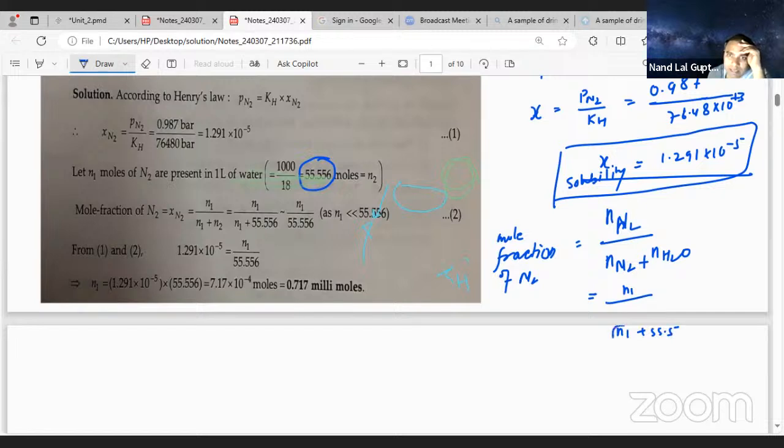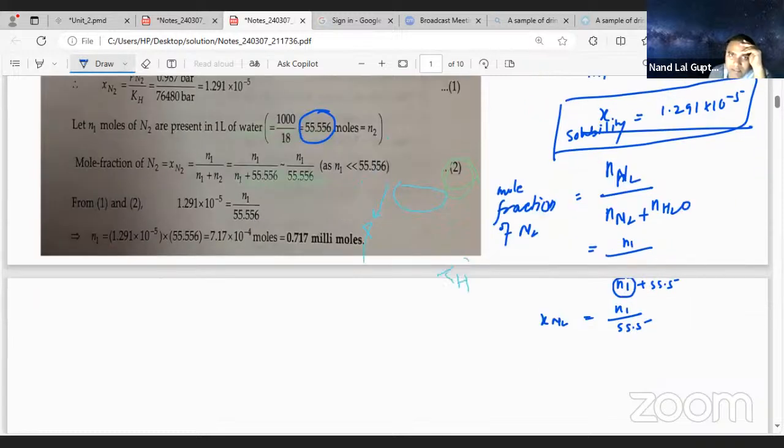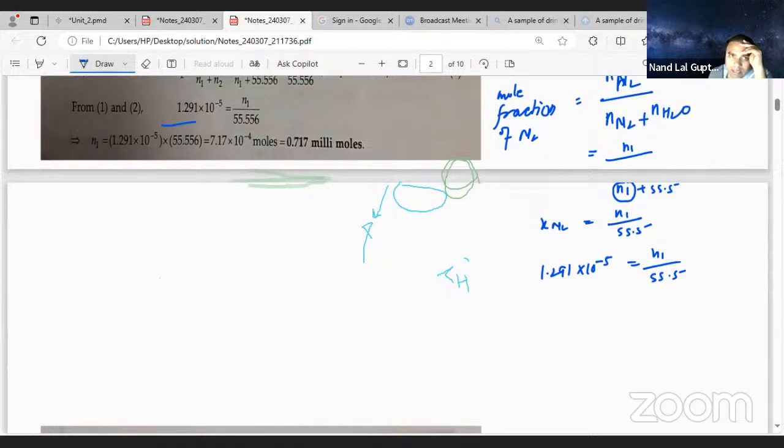In the denominator, the N2 value will be very small. So XN2 is equal to n1 by 55.5. The x value is already there: 1.291 into 10 power minus 5 equal to n1 divided by 55.5. So n1 is going to come.